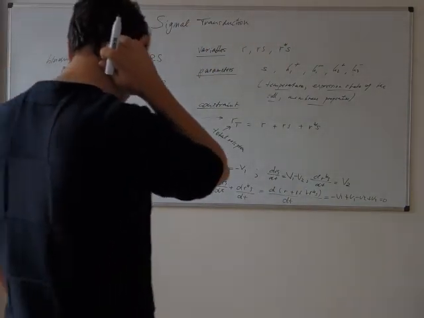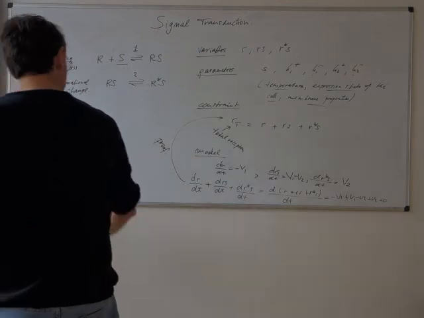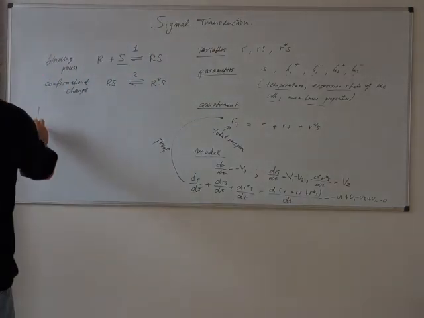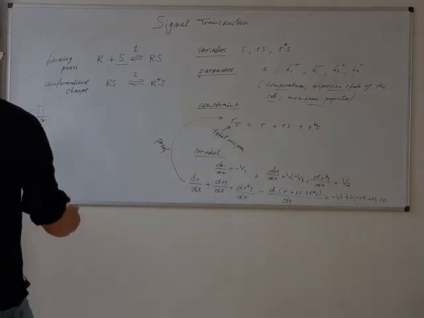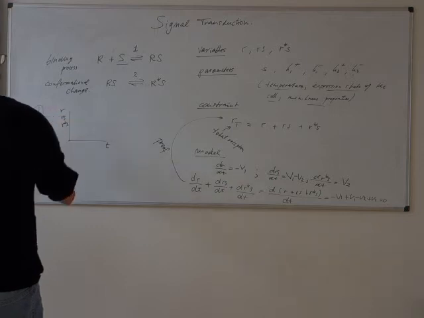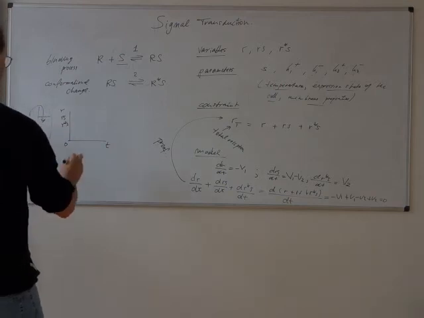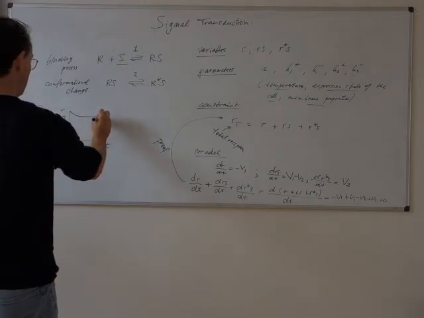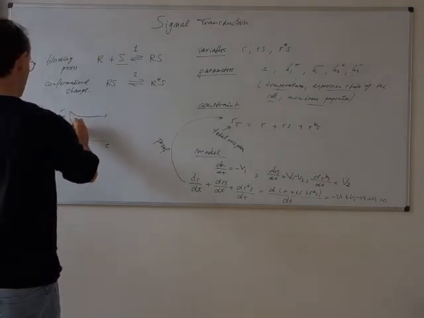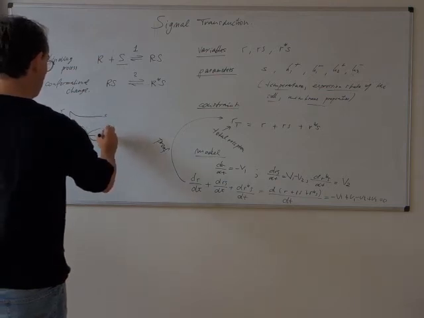Now there is this other thing to think about. If we would put this reaction in a test tube, then you can think about what happens over time to these concentrations, so R, RS and R star S. And I guess by now we will no longer be surprised that the S concentration will go down, the R concentration will go down, and RS is formed, and then RS star is formed.